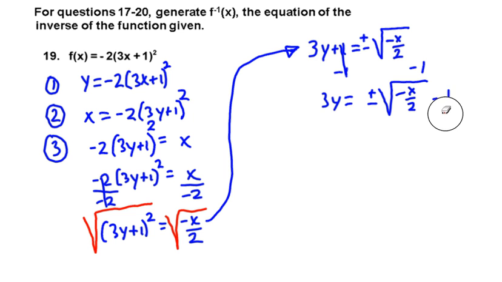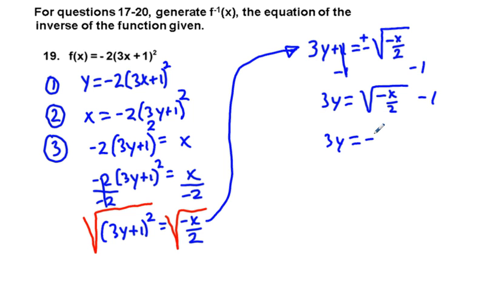It's usually more complicated. So I'm going to work two equations at the same time. It's plus or minus. So I have 3y equals the square root of negative x over 2 minus 1, and then we have 3y equals negative square root of negative x over 2 minus 1. So you have two equations you're solving for.